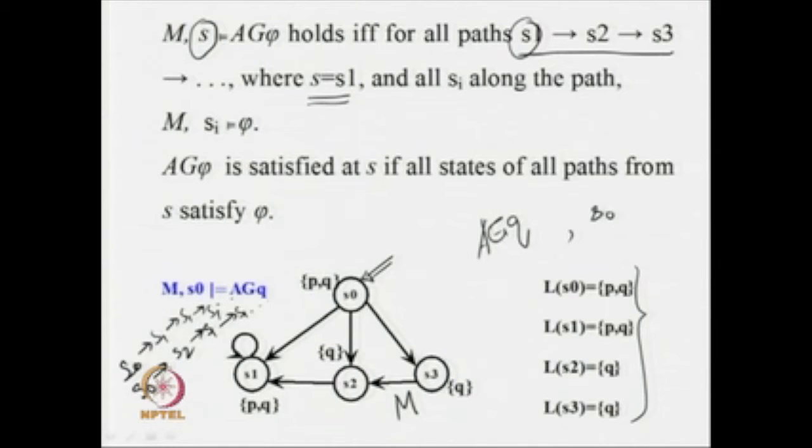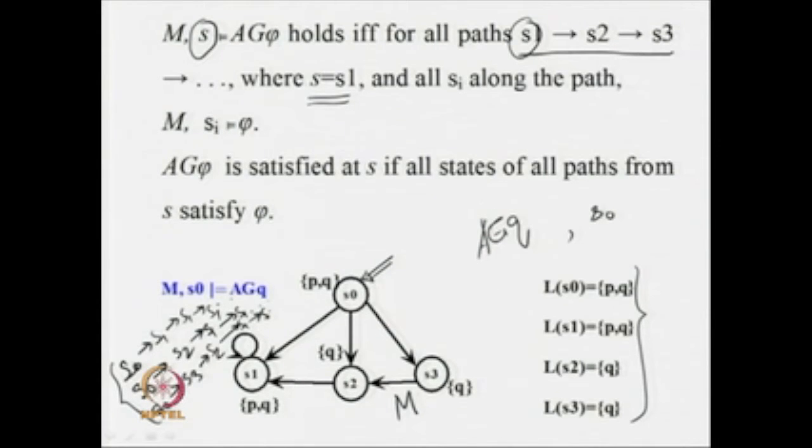And another path, it will go from S0 to S3, from S3 it will go to S2, and from S2 it will go to S1, and like that it will remain in S1. Now, these are the 3 possible execution paths that we are going to get in this model.